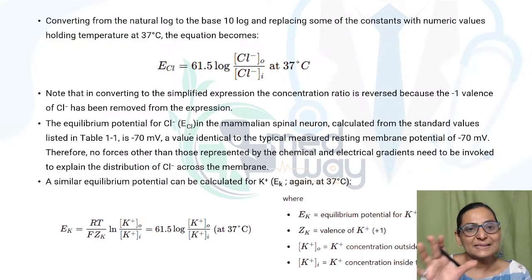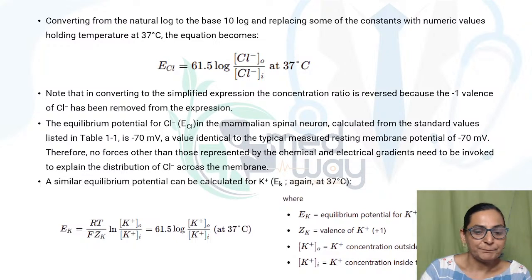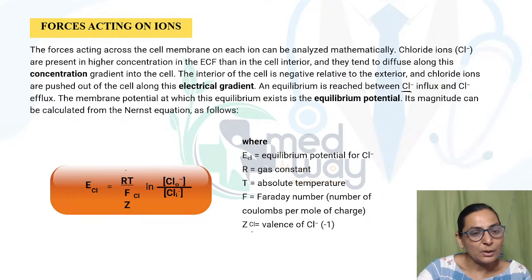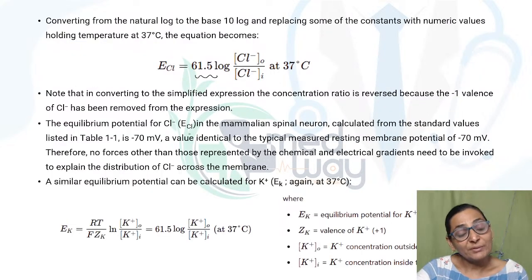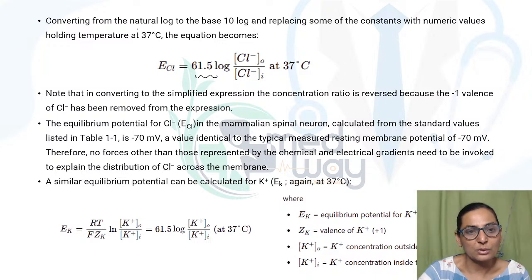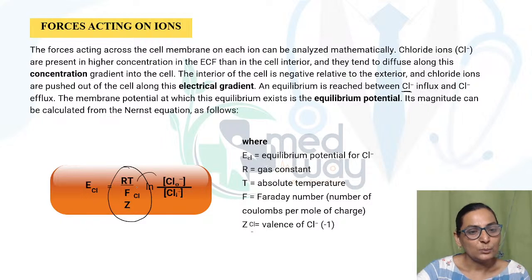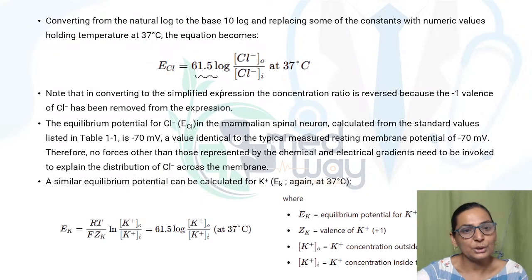Now we make this entire thing very easy. What do we do? We convert all these constants into 61.5, right? So we replace the constants by a fixed value of 61.5, and we convert the natural log to log base 10, and simply 61.5 log concentration of chloride outside by inside.